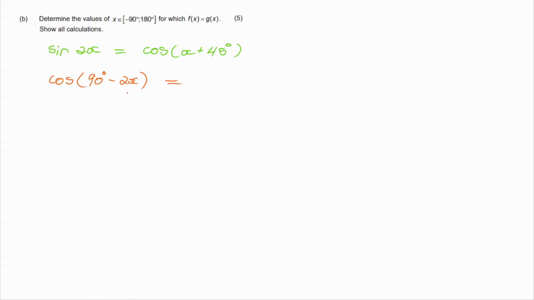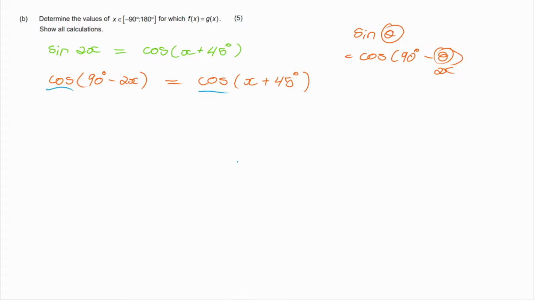We changed it to this because of reductions. Whenever you have sine theta, it is the same as cos of 90 degrees minus theta. In this case our theta was 2x. So that's why we have this over here, and then we have cos of x plus 45 degrees. Now we have the same ratio, they're both cos, a single ratio.